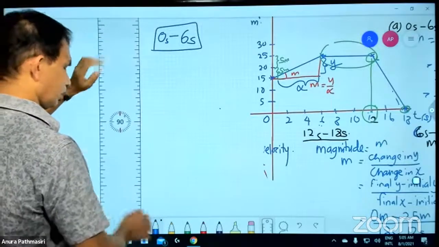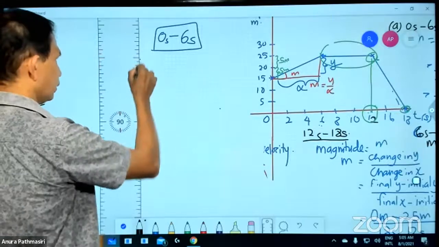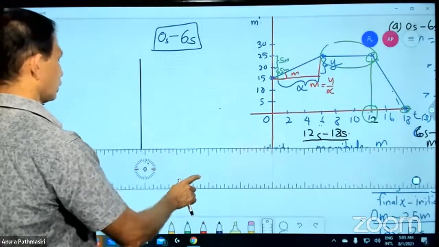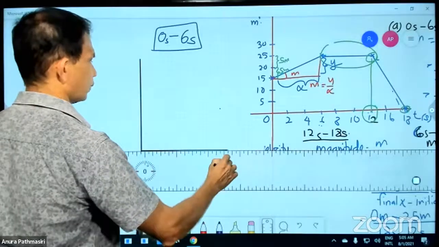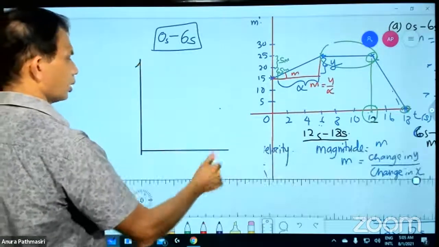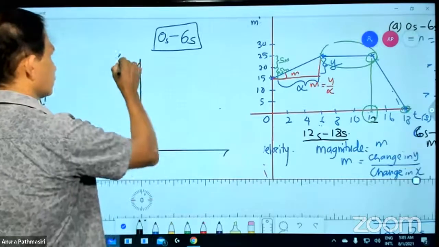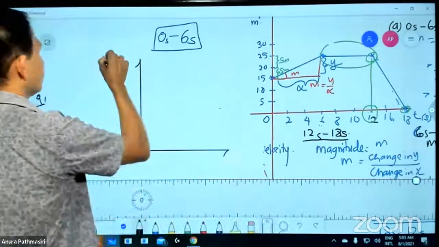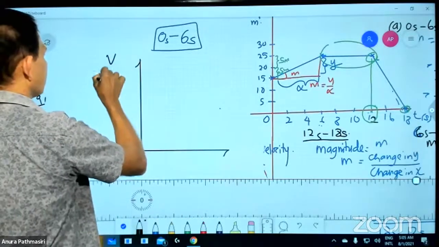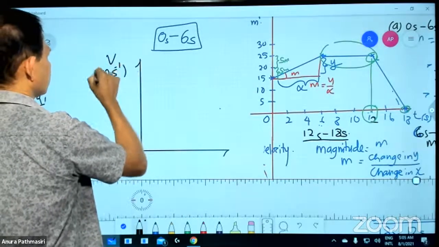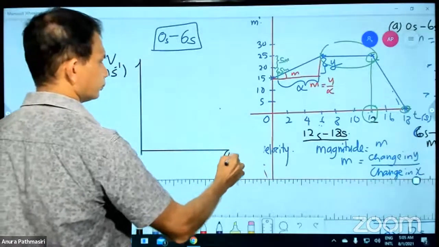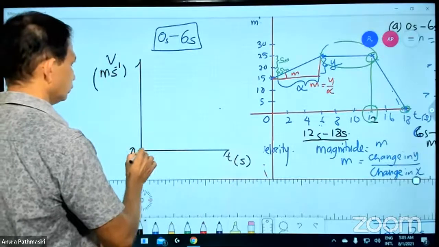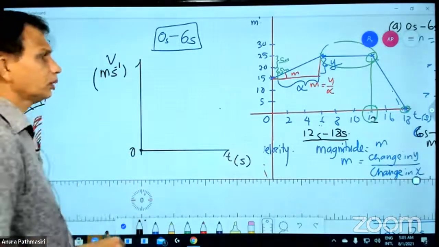You can have the graph like here, the y-axis and the x-axis. Not y, it should be velocity, meters per second, and time, seconds. This is 0, which should be mentioned.